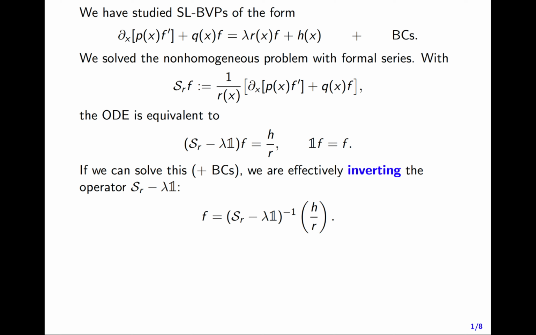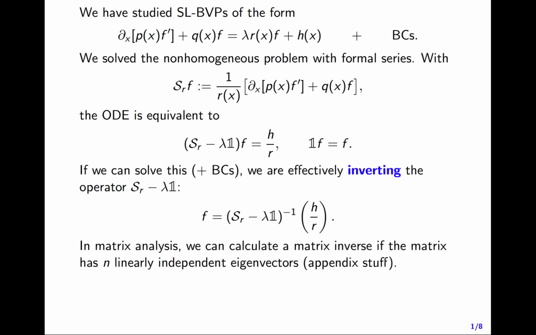Where we're thinking of the inverse of an operator, just like you might have the inverse of a matrix. And in matrix analysis, we know that we can calculate a matrix inverse if the matrix has n linearly independent eigenvectors. We did this in the optional appendix reading, and that's one way of getting a matrix inverse.